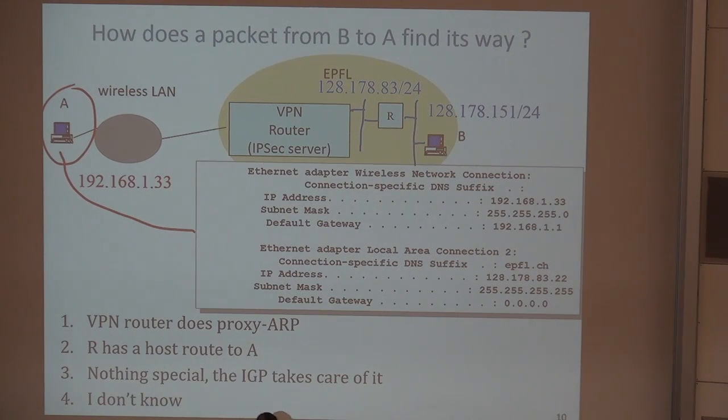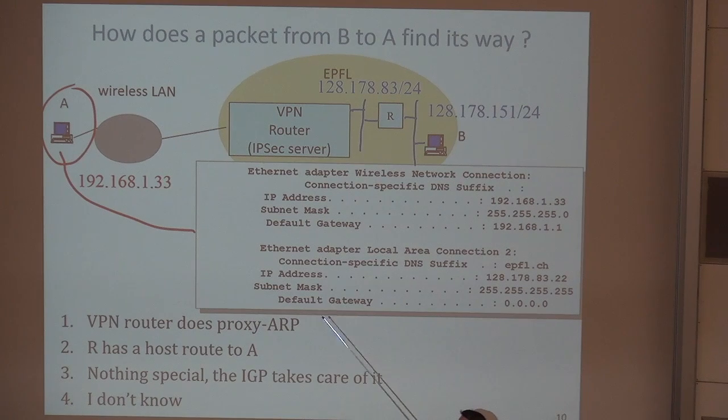This is used, for example, if you access the wireless LAN of EPFL not using your own credentials. So if you don't log into the EPFL wireless LAN, but you use the EPFL public wireless LAN, then you have to run a VPN to be able to get the service.